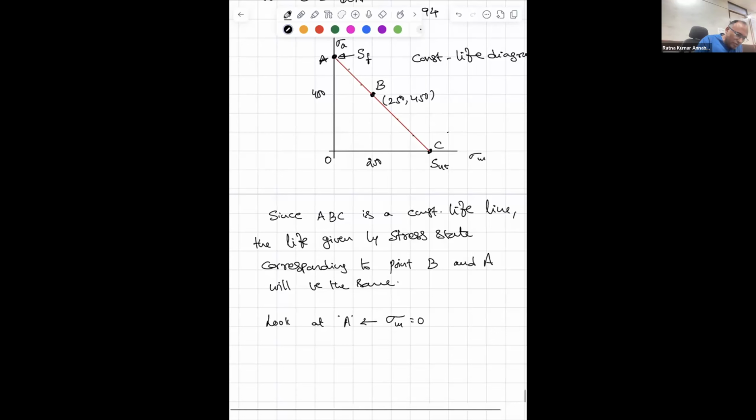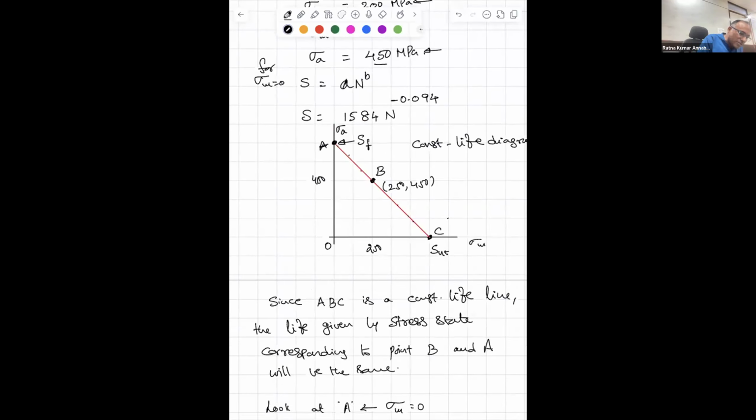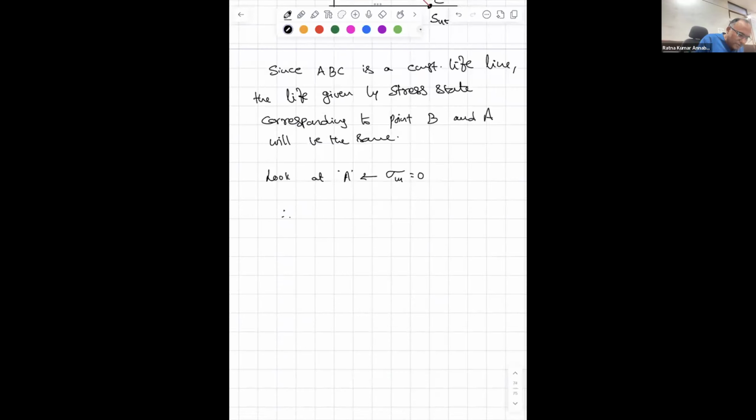But we know that at zero mean stress, this material is governed by this law. Therefore we can apply S is equal to 1584 n to the power minus 0.094 at A. Can I do that?